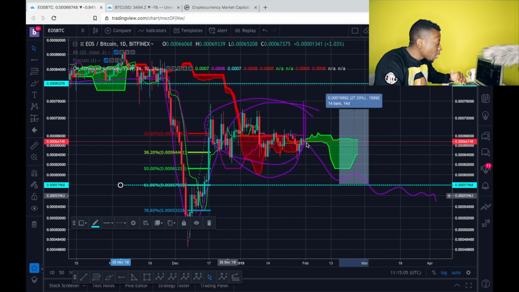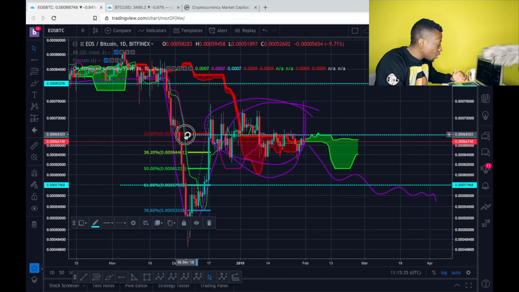Let's say for example you end up shorting EOS right around this resistance area, if you can really manage to get in, because as you guys can see, the Ichimoku cloud is showing us that we've got some upward momentum, and we've got a good support level right over here. Maybe we might end up going as far as that place, or we might end up just being right below this area, according to the way the cloud is.